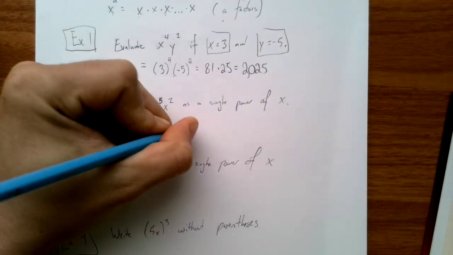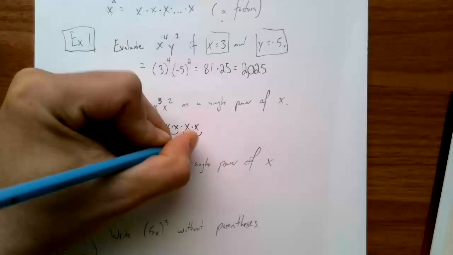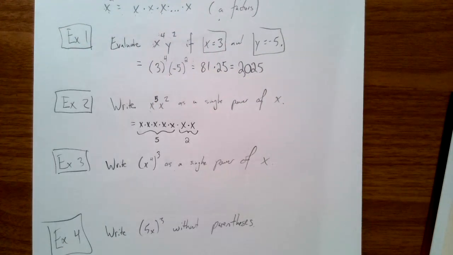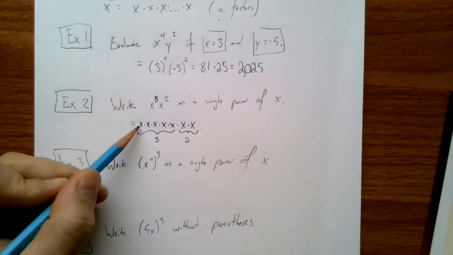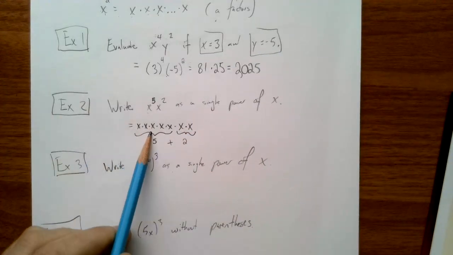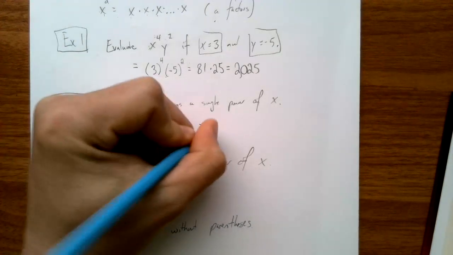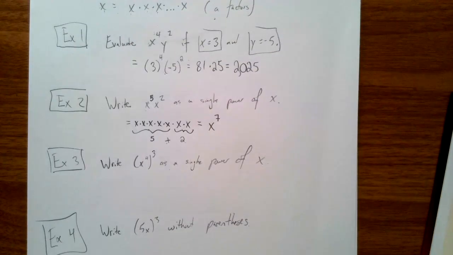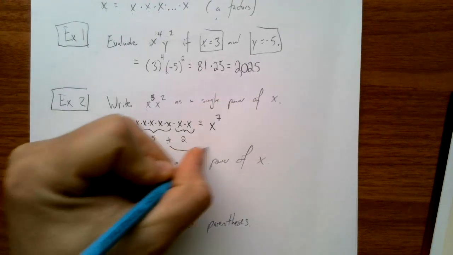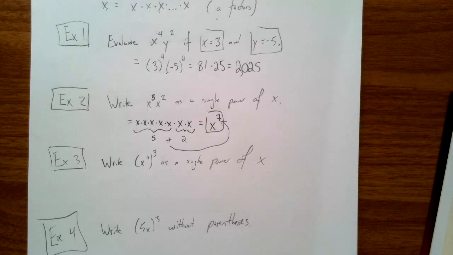Then we have x squared, which means we have 2 additional factors of x. And so what we have here is a string of 5 factors and 2 additional factors of x, which means we have a total of 7 factors of x. And this right here is our single power of x. So we'll leave it like that.